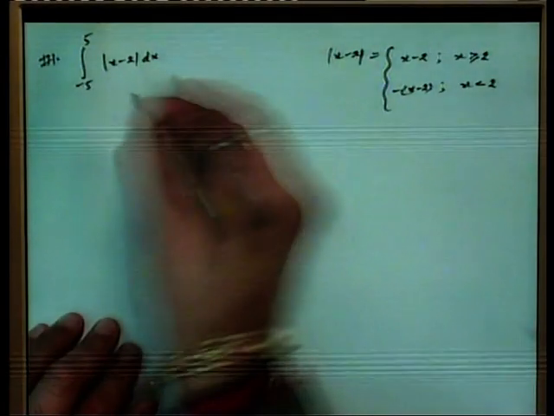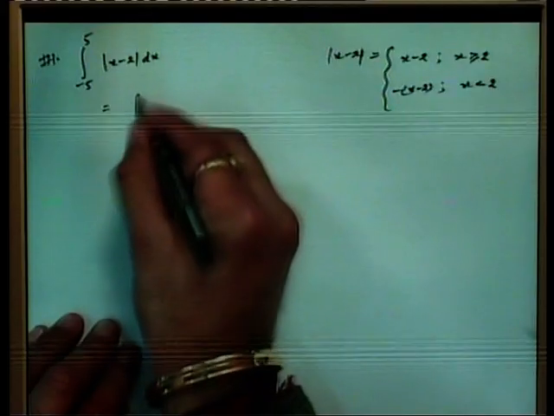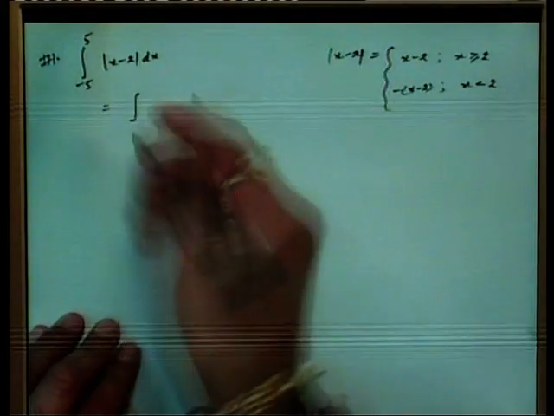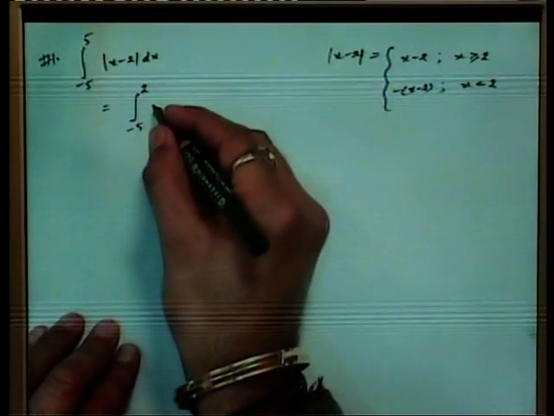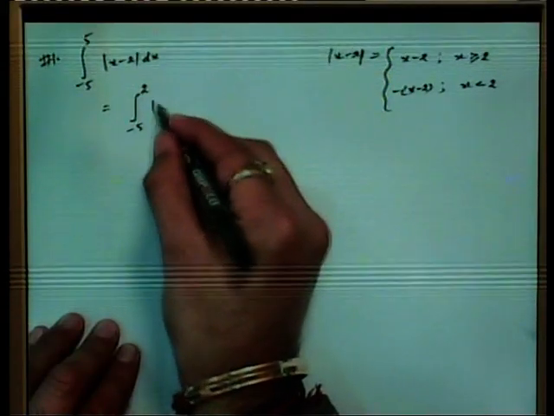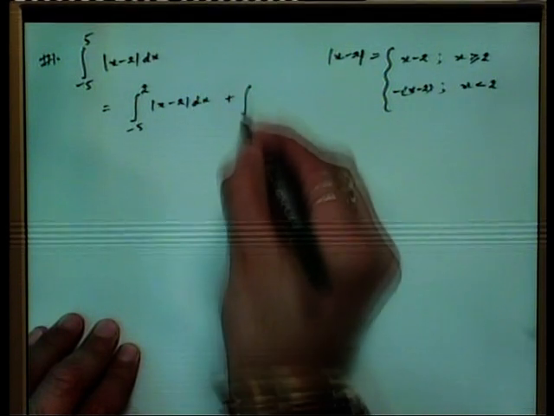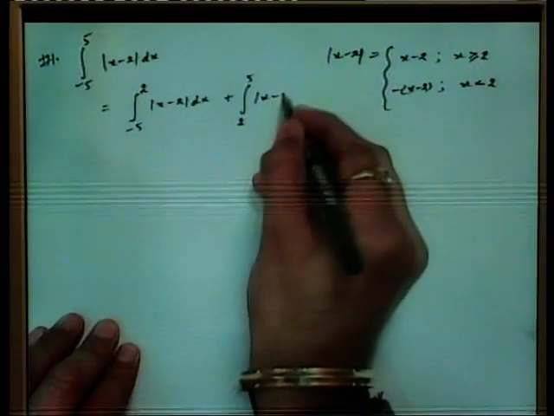So we use the third property, where you can divide the integral from a to b by a to c. Here 2 clearly lies between minus 5 and 5. So we can separate the integral into 2 parts: minus 5 to 2 of mod x minus 2 dx, and 2 to 5 of mod x minus 2 dx.